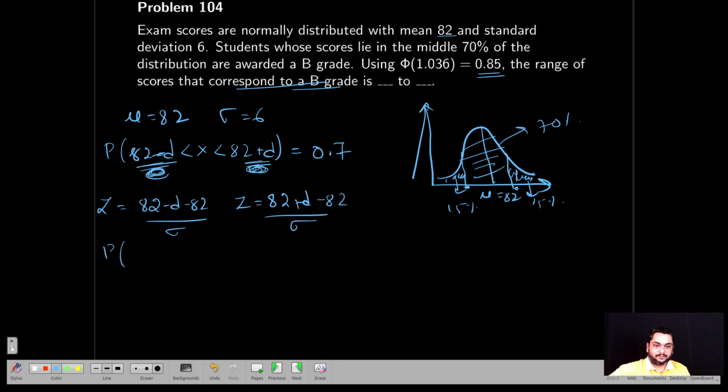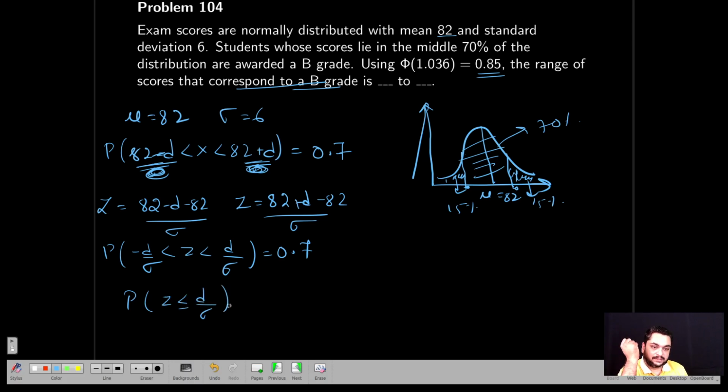So this is P of minus D by sigma less than Z less than plus D by sigma, equal to 0.7. Now, using the symmetric property and the tails, we write it directly: P of Z less than or equal to D by sigma is 0.85. I am adding the tail probability. So this value is given; take the inverse of 0.85.